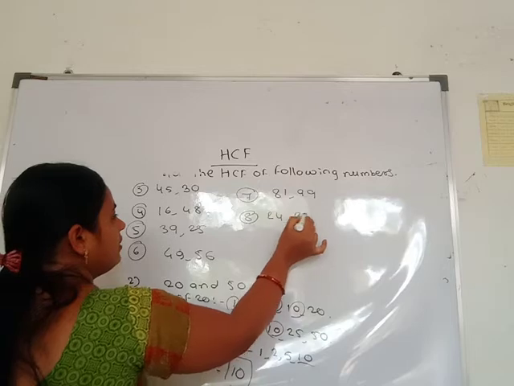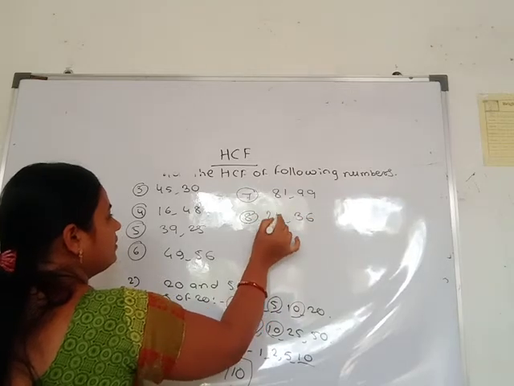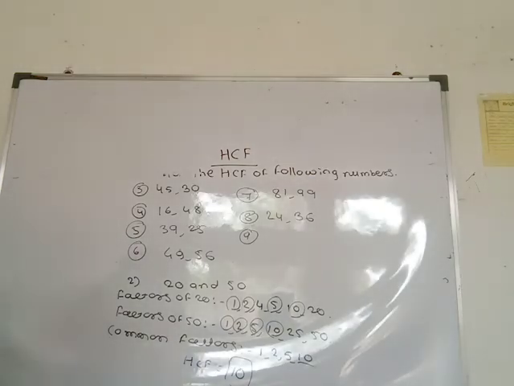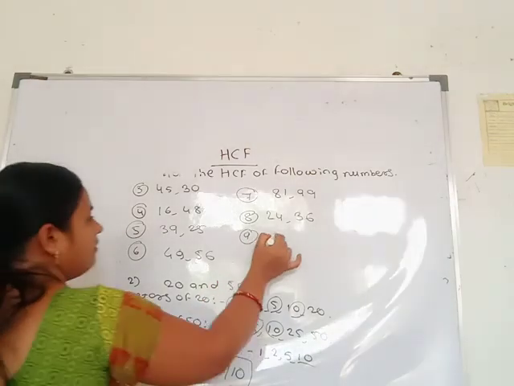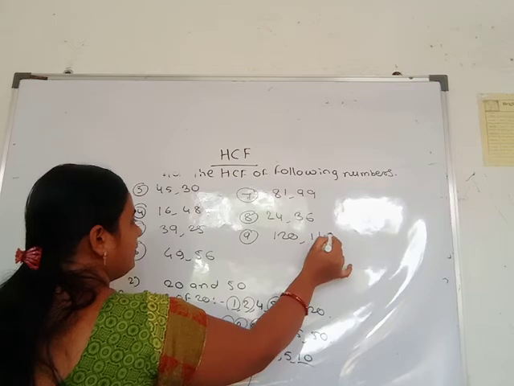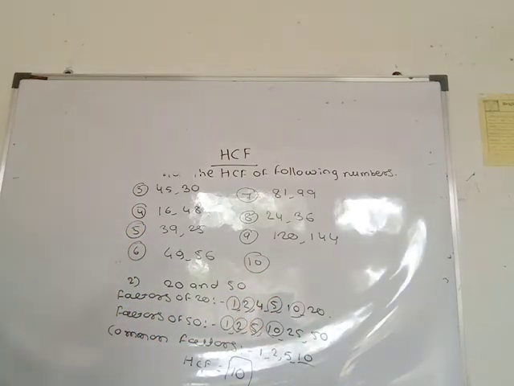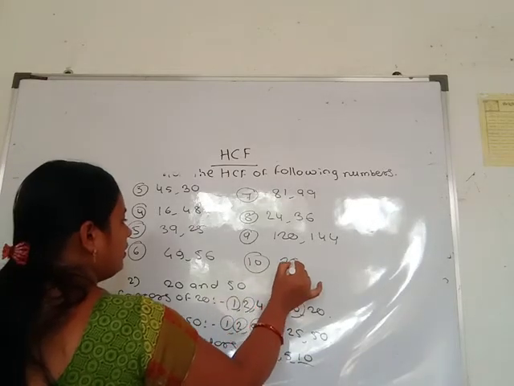Then 24, 36. Then 120, 144 and the last numbers, 25, 75.